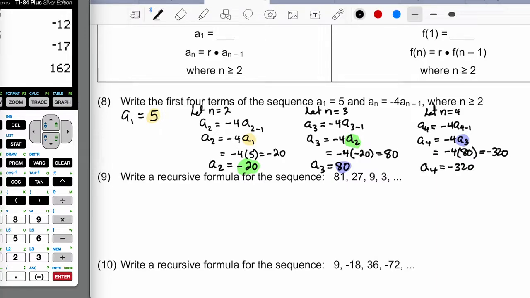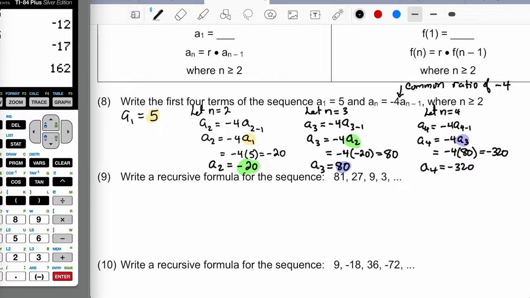All right. But again, a recursive formula tells you how you get from one term to the next in the sequence. So all this is saying is that you have a common ratio of negative 4. So if I want to get from one term to the next in the sequence, I would multiply every term, or any term, by negative 4, and that would do it.